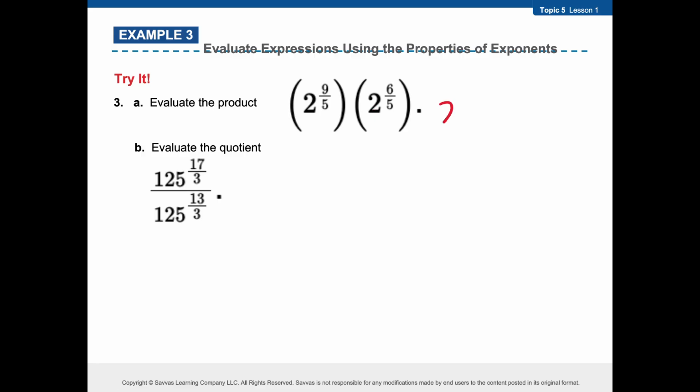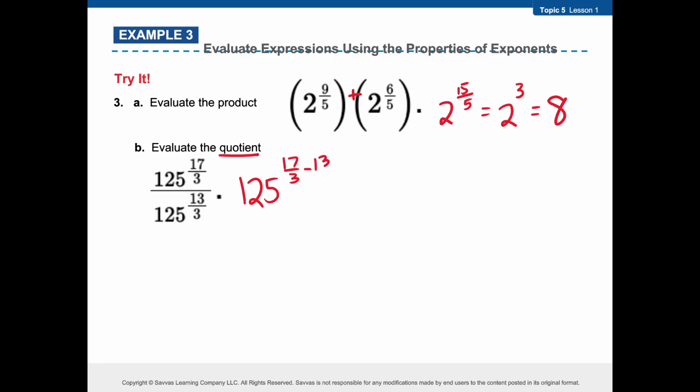So multiplication, same base, add your powers. 9 plus 6, 15. You already have a common denominator. 15 divided by 5 cubed, 2 cubed is 8. When you are dividing, you subtract your exponents.